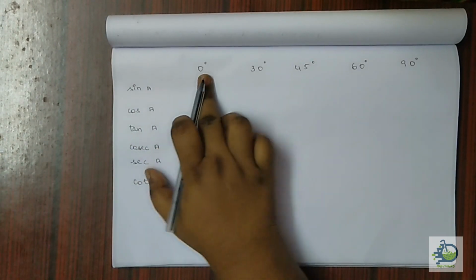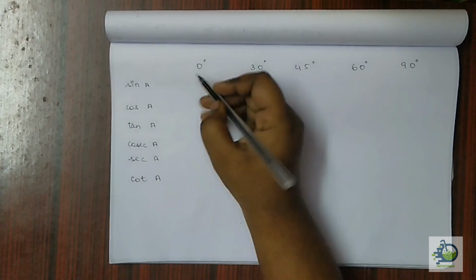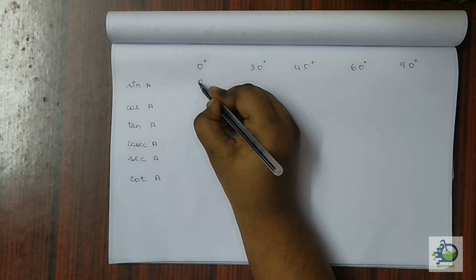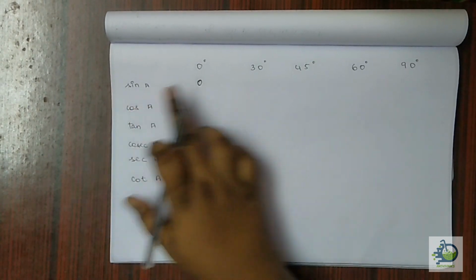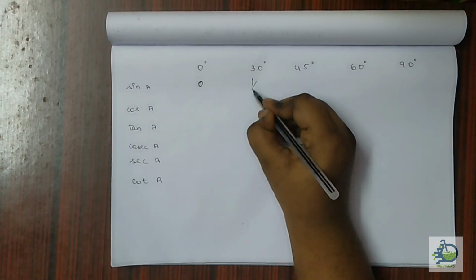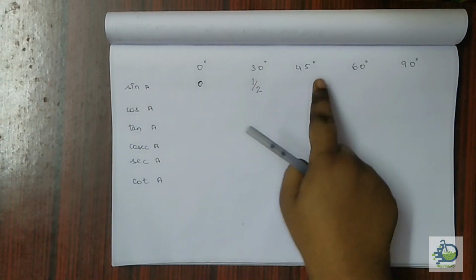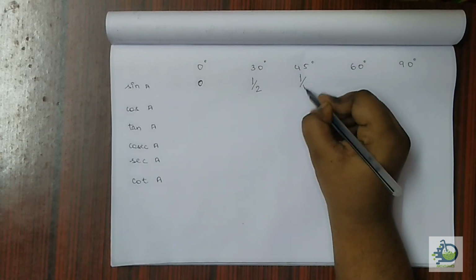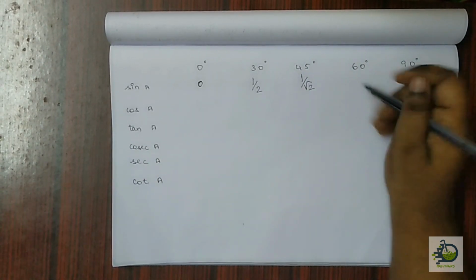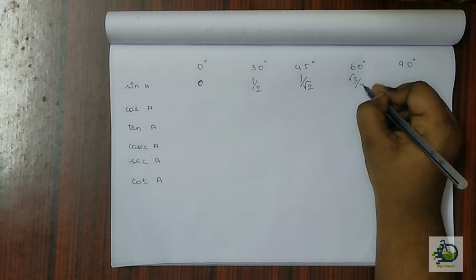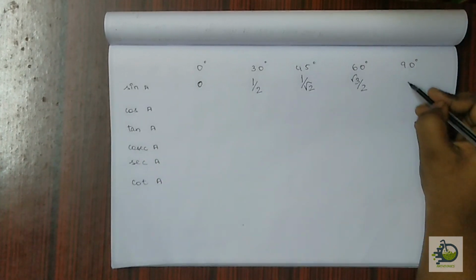Here sine 0, so it starts with 0, so sine 0 is 0. Okay, sine 30 is 1 by 2. Sine 45 is 1 by root 2. Sine 60 is root 3 by 2 and sine 90 is 1.